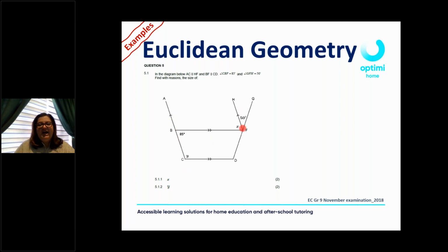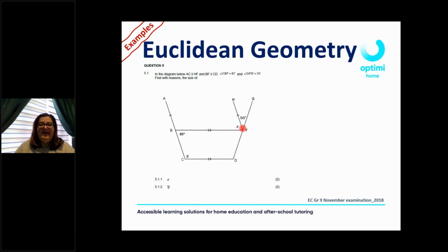So before I move on, I want to let you think a bit. By giving you this piece of information, they actually give you a tip of how you can actually find angles. And there's a lot of theories that actually go together with parallel lines, looking for corresponding angles, looking for co-interior angles, looking for alternate angles.